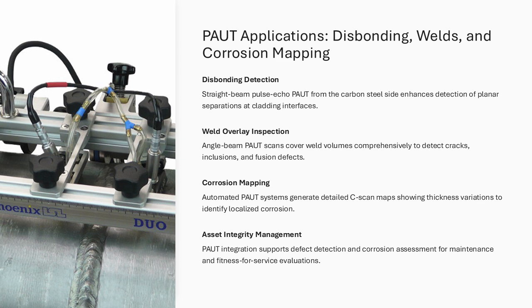The integration of multiple inspection objectives into a single PUT campaign improves efficiency while maintaining high data quality. As a result, PUT is not only a defect detection tool but also a powerful asset for asset integrity management and long-term maintenance planning. Example representation of a PUT corrosion C-scan showing wall thickness variations across a cladded surface.